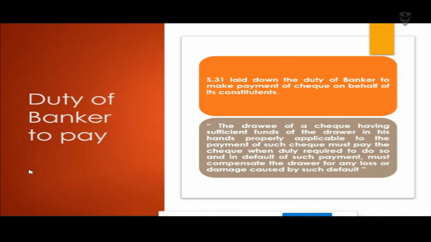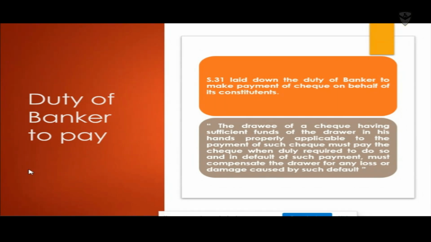So Section 31 lays down a duty on the banker to make payment of a check on behalf of his constituent. That means that if sufficient money is available in the account of a customer, it is the responsibility of the bank to honor the check issued by him. If the bank fails to honor the check, then the account holder is entitled to claim compensation against the bank.